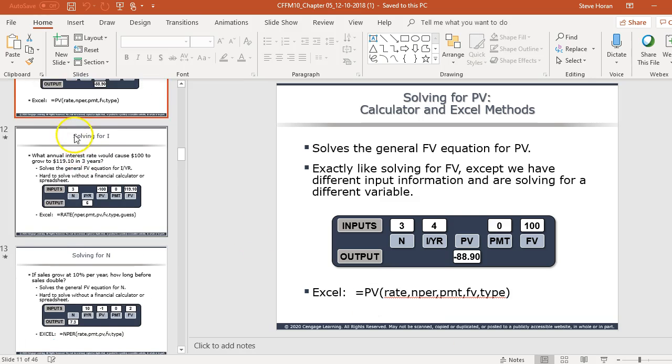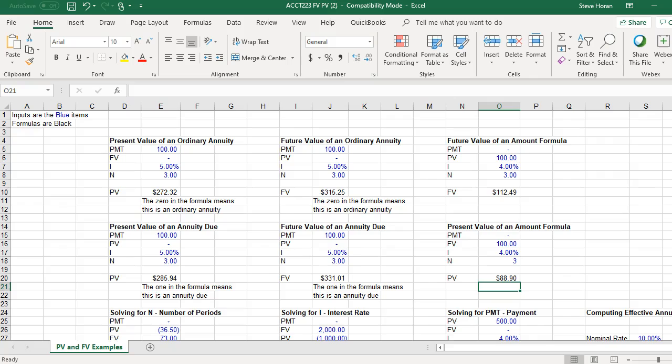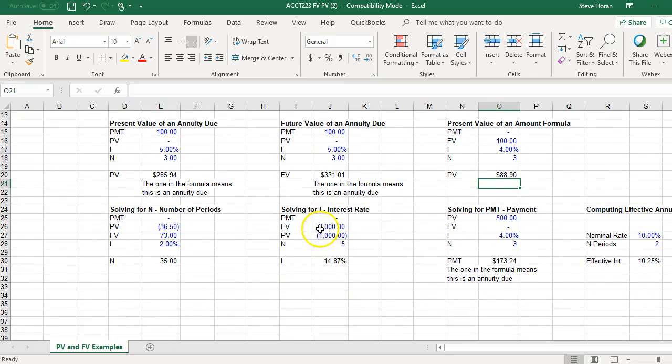Okay, and then we can solve for an interest rate, solving for a rate. This says what annual interest rate would cause $100 to grow to $119.10 in 3 years. So down here, future value is $119.10, $100 today, 3 years, and they get 6%.